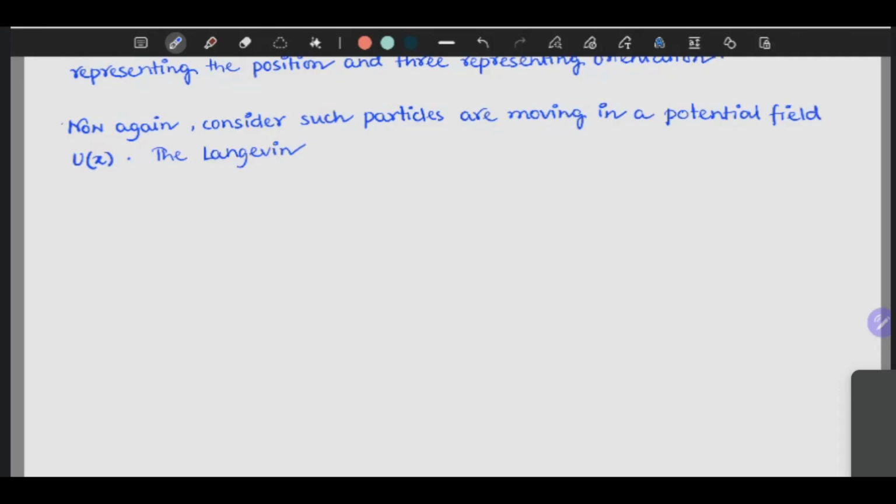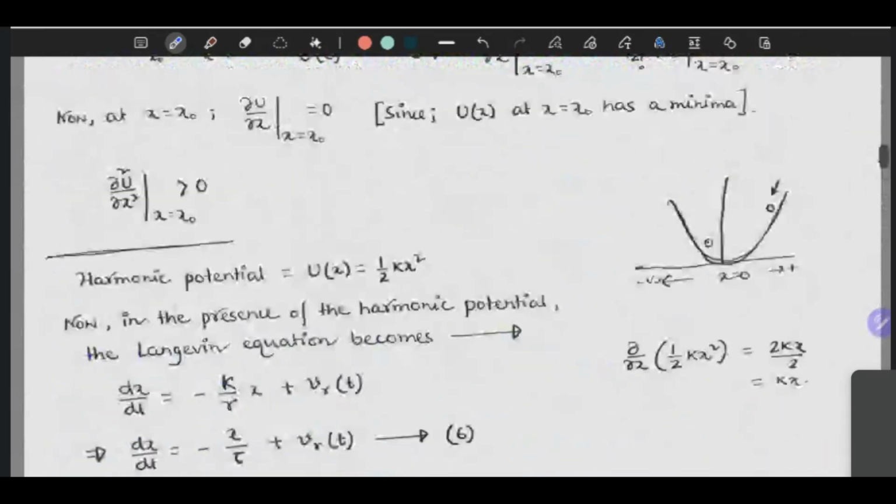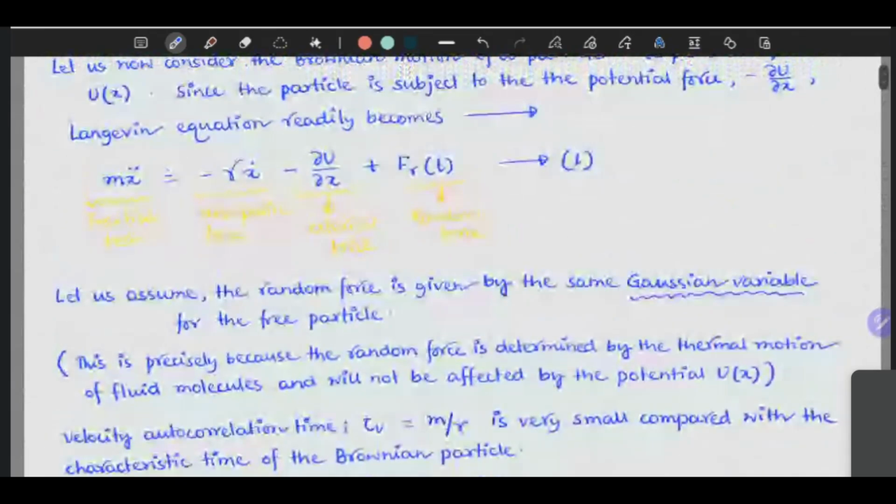so the Langevin equation represents the balance of three forces, right? Because you see here there were four terms: inertial, dissipative, external force, and random force.